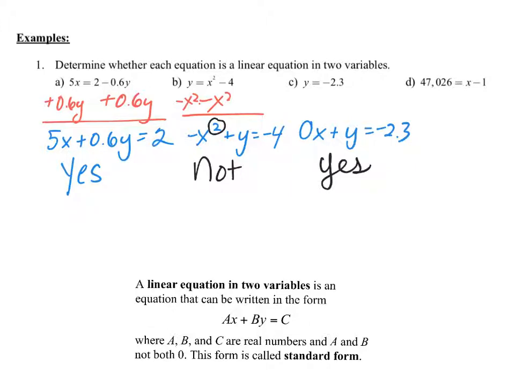In part D, we can rewrite this as well by subtracting x from both sides. We can also subtract 47,026 from both sides of the equation, so that our resulting equation is negative x is equal to 47,027.